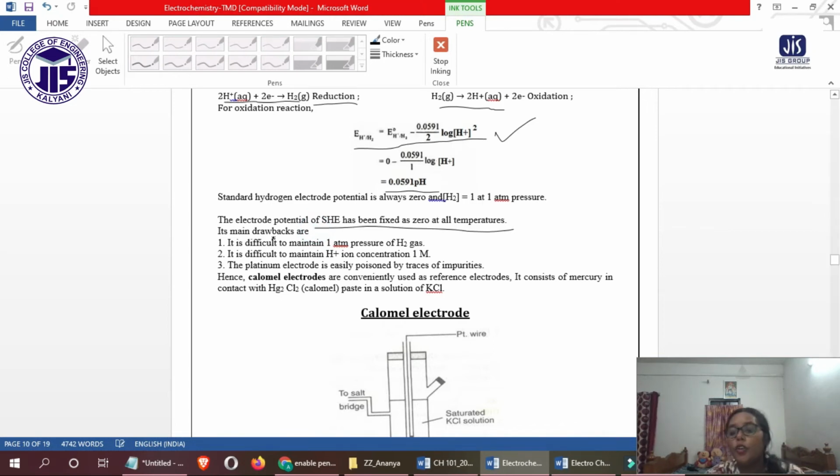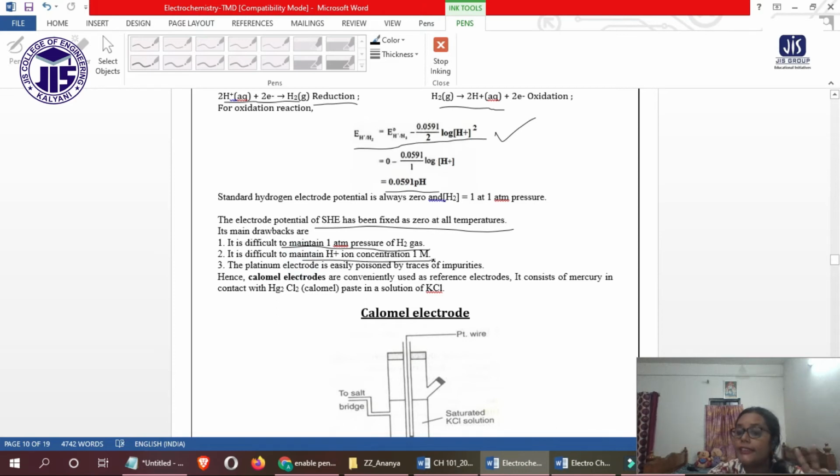But we have some drawbacks in using the standard hydrogen electrode. What are the drawbacks? It is difficult to maintain 1 atmospheric pressure of the hydrogen gas. It is difficult to maintain H plus ion concentration at 1 molar.